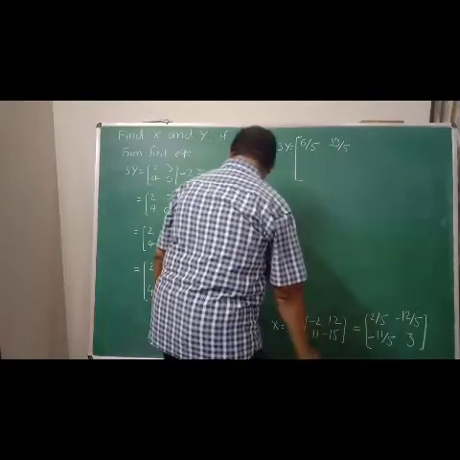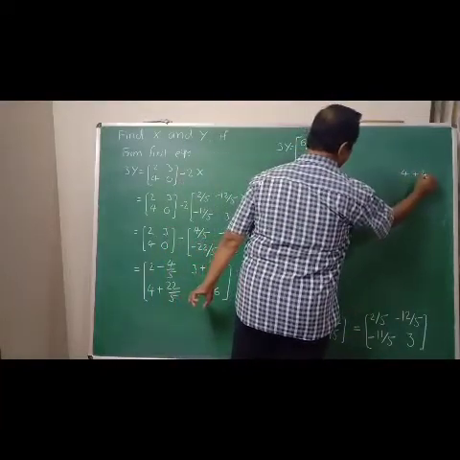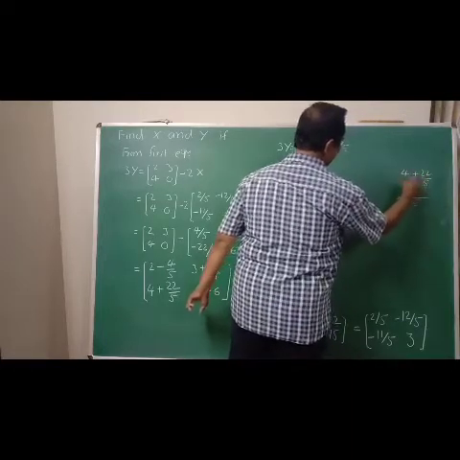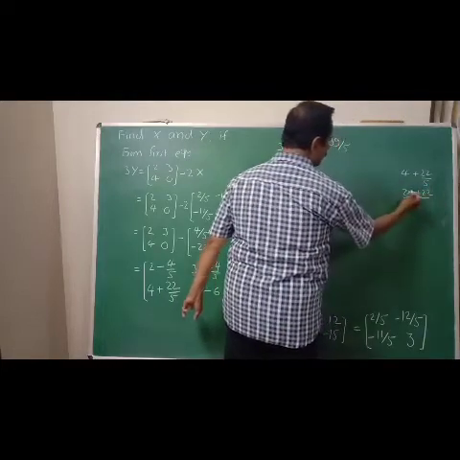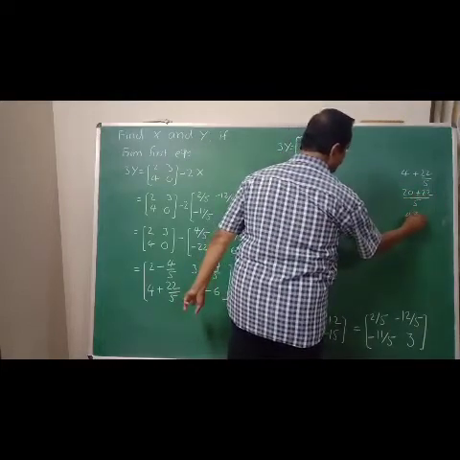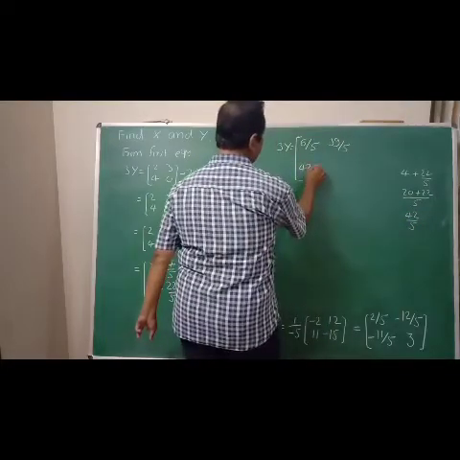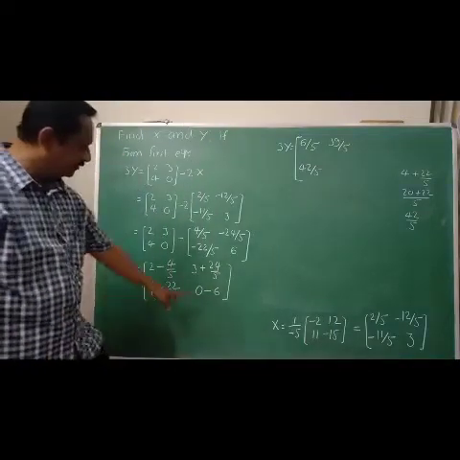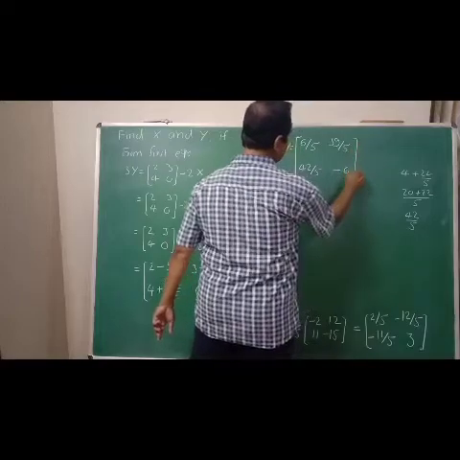Then 4 plus 22 divided by 5. 5 is the LCM, 5 4s are 20, plus 22 gives 42, so it is 42 divided by 5. Then 0 minus 6 is minus 6.